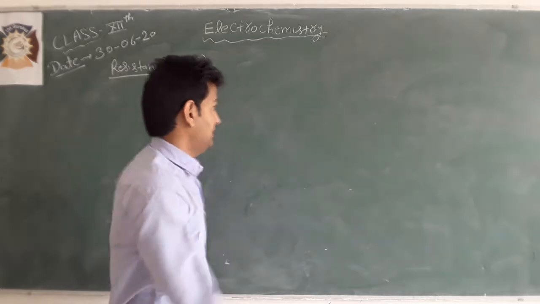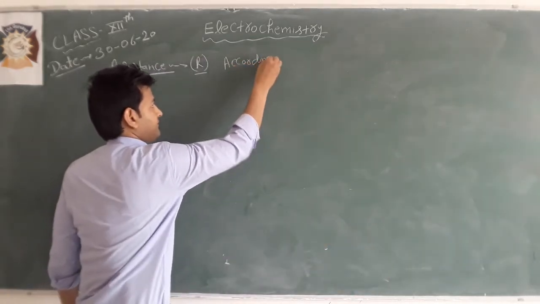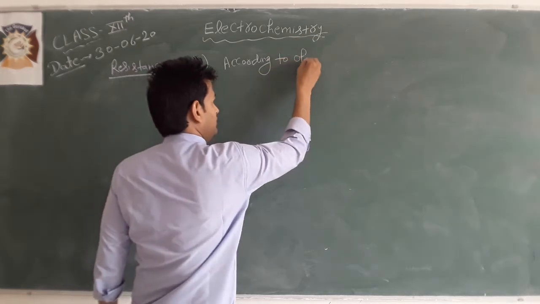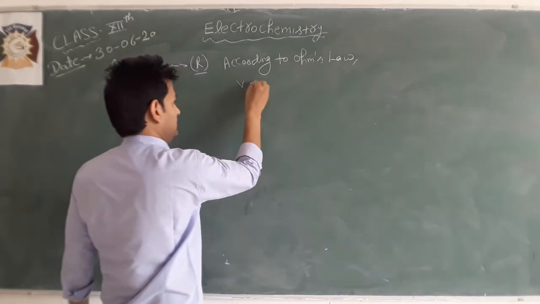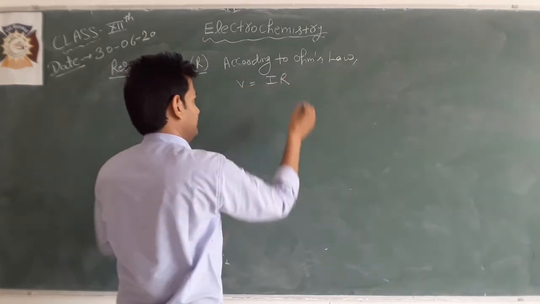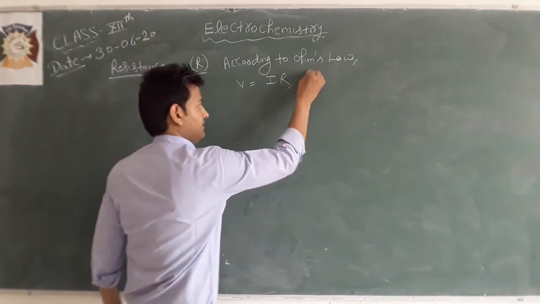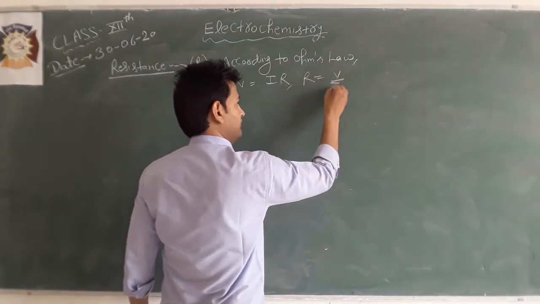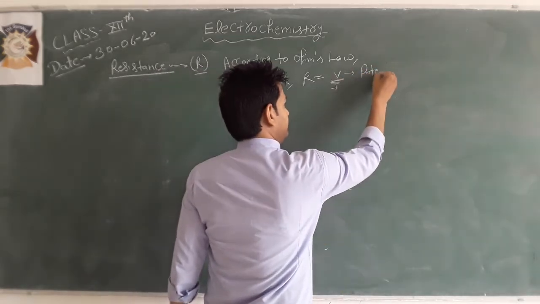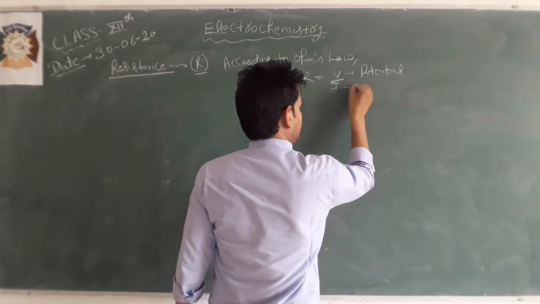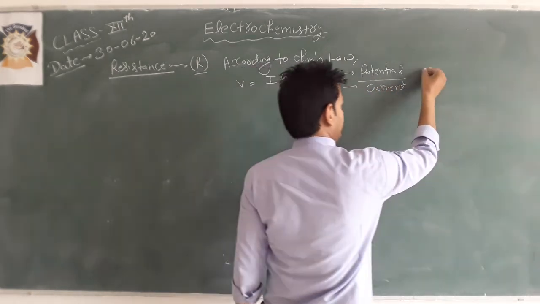According to Ohm's law, which you study in physics, V is equal to IR. Potential is equal to current times resistance. So from here, resistance is equal to V over I. V is potential, which is measured in volt, and I is current, which is measured in ampere.